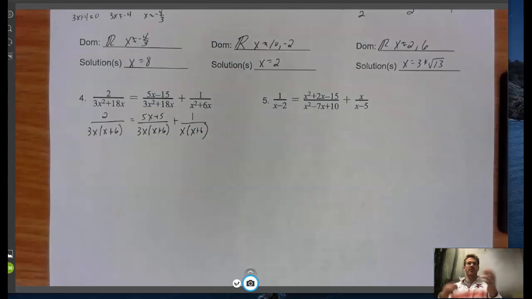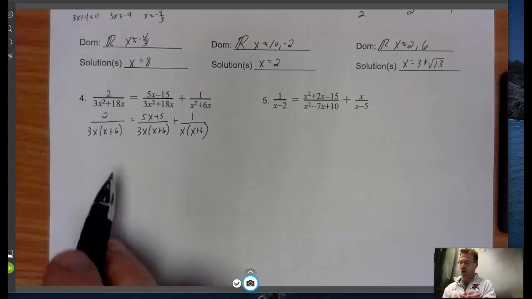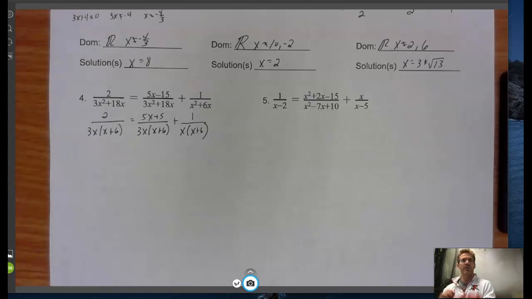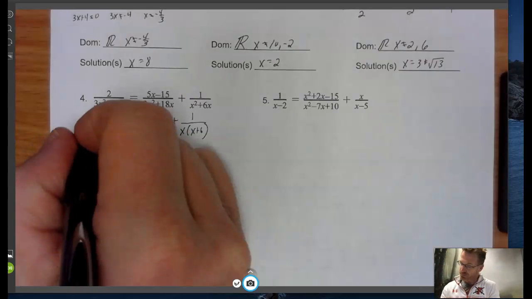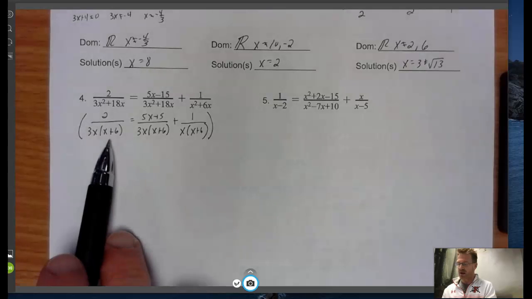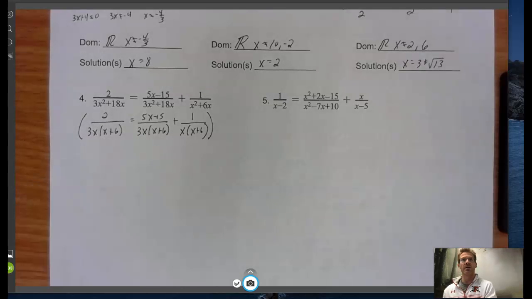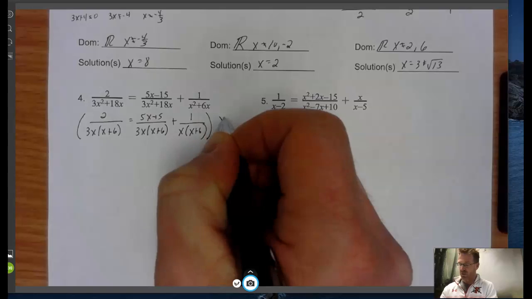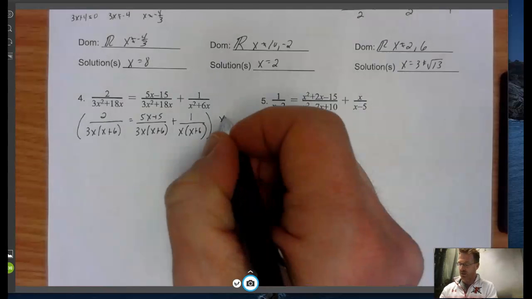So I have lots of pieces here. Now remember, when we're thinking about a common denominator, I have to look at everything. I'm going to take everything that is in common to those three denominators. There's an x in all three denominators, so that's definitely going to be part of my common denominator.